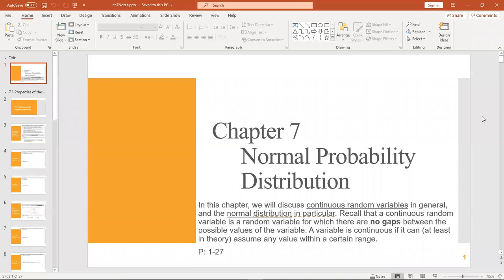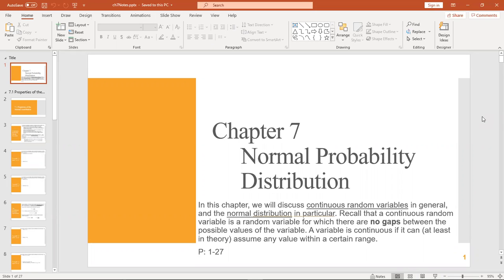Today we're going to begin Chapter 7, which is all about the normal probability distribution, and also talk about some other continuous random variables as well. So again, the big idea with something that's continuous is that there are no gaps in the possible values of the results.